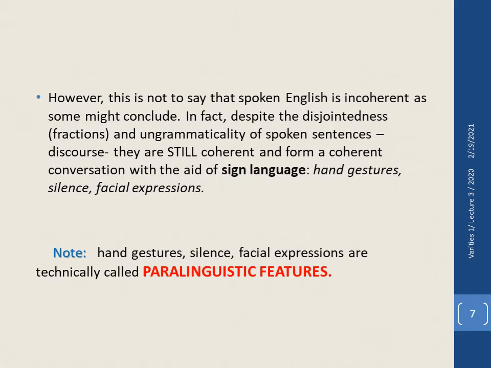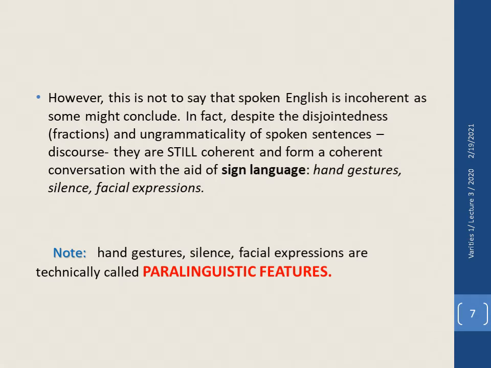So although we speak with all these grammatical features, or these aspects of spoken language, in the end we understand each other when we speak, and we come to a conclusion about a certain topic and so on. And this is actually with the help of what we call sign language.